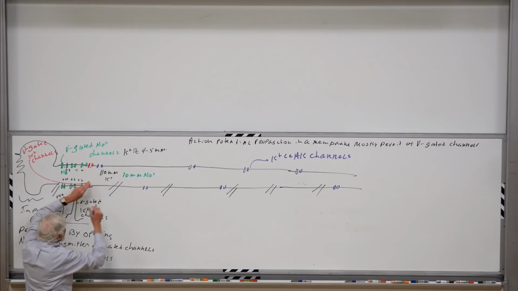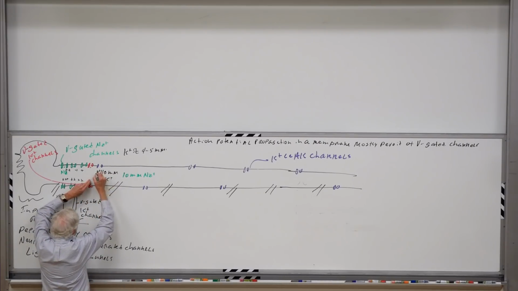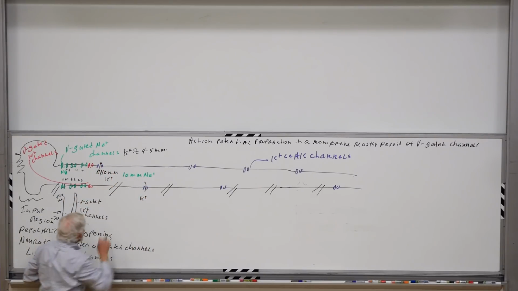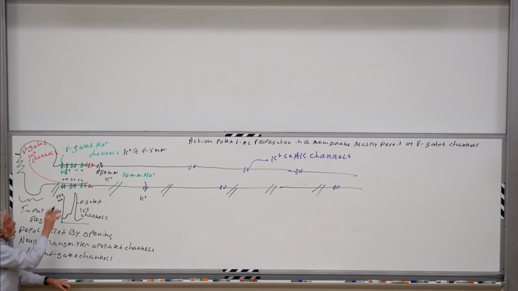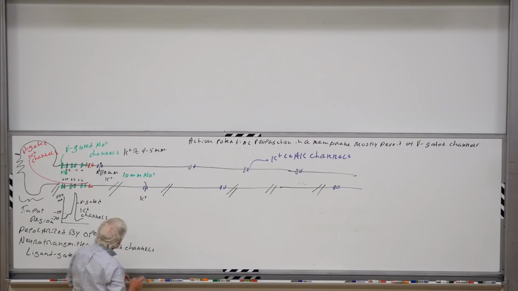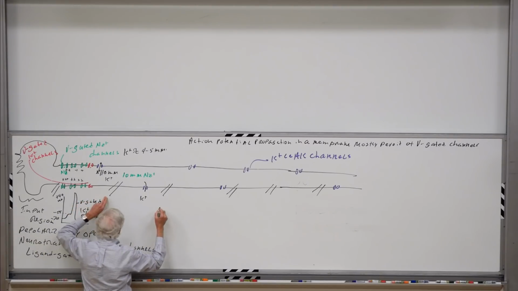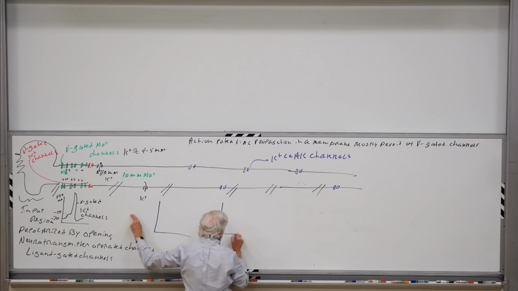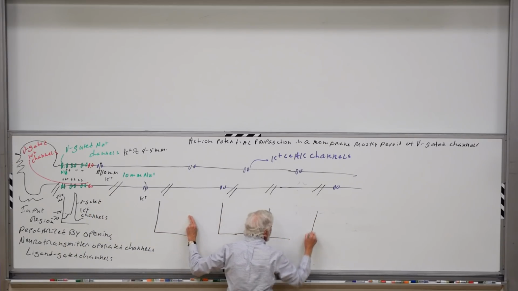So potassium can leak out of these channels down the concentration gradient. So the way we're going to dissipate the positive charge, which has come across the membrane into the cytoplasm, is to allow potassium ions to leave.